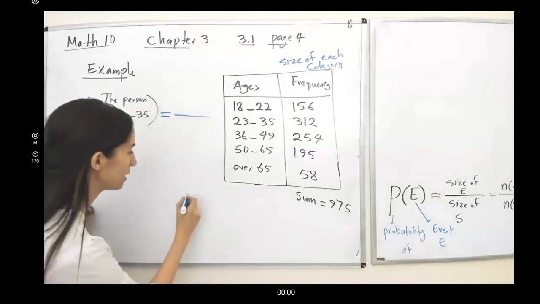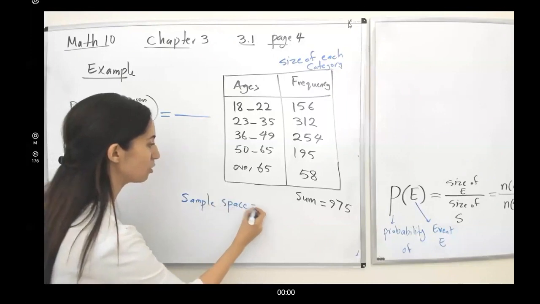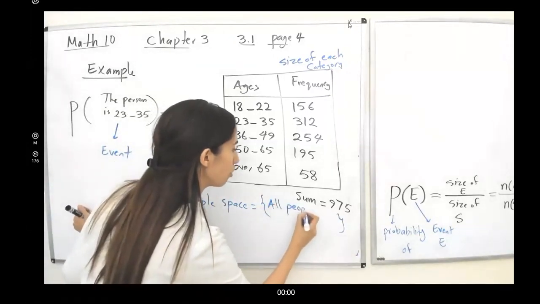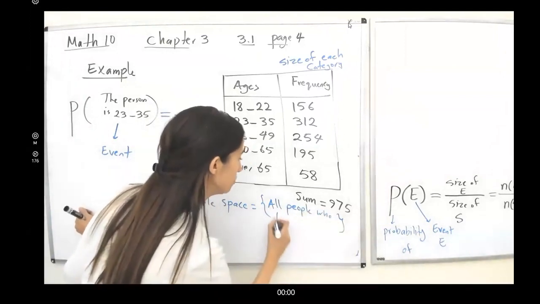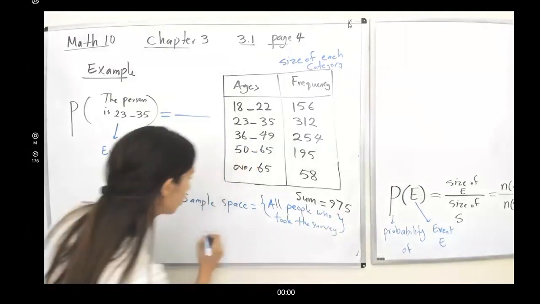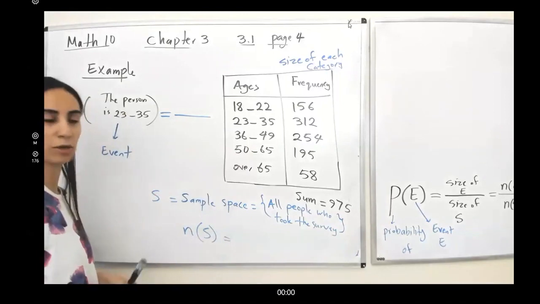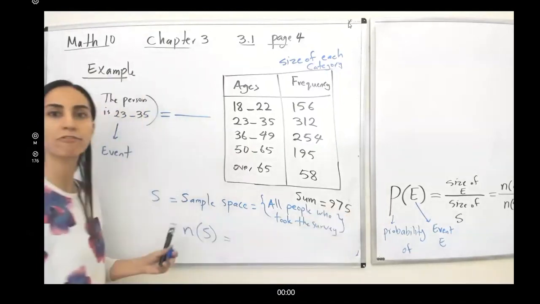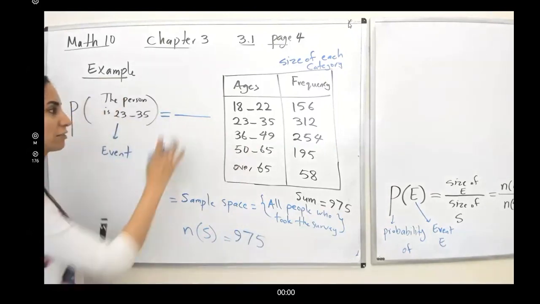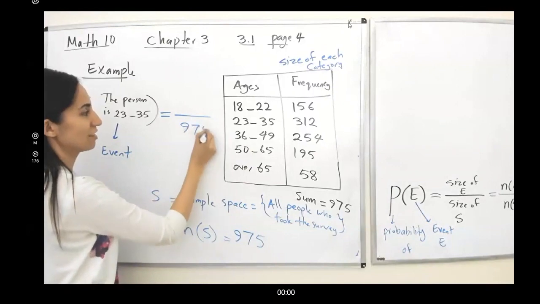So sample space is equal to the set of all people who took the survey. So what is N of S? What is N of sample space? How many? 975 people. 975 goes on the denominator.